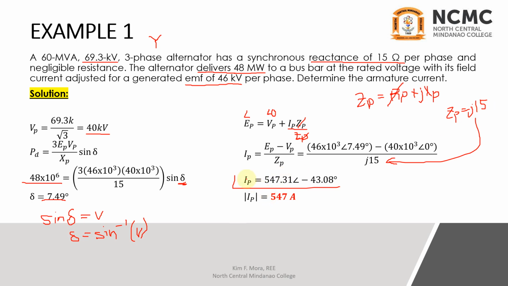After that, we get the phase current, equal to 547.31 angle negative 43.08 degrees, so the magnitude is 547 amperes.